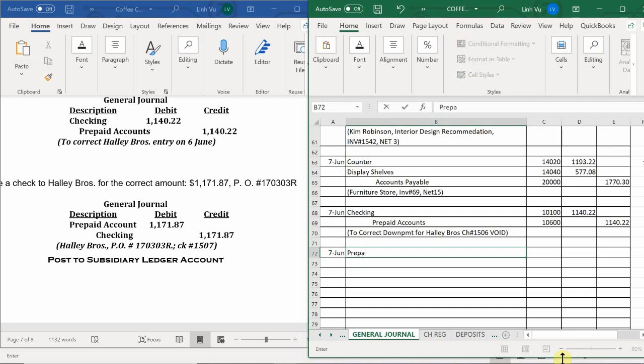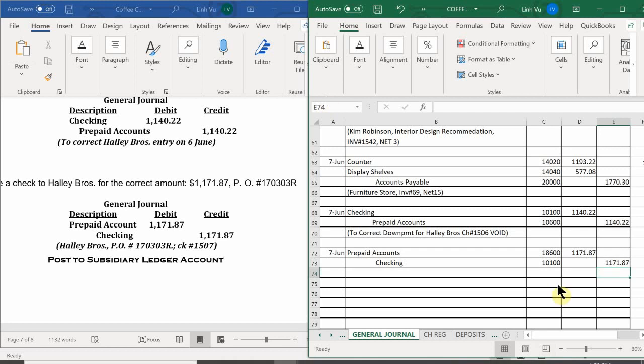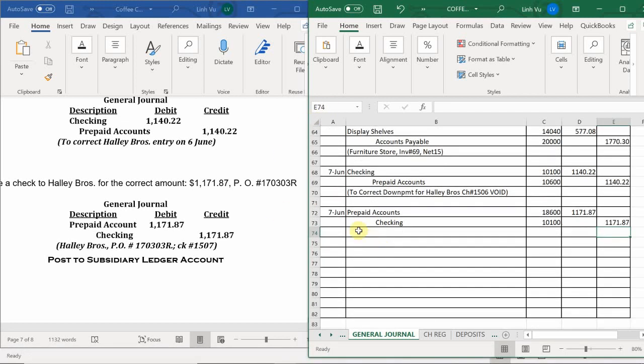So prepaid accounts, and checking, for 1,171.87. Good. Right, and we're taking that amount from our checking account.